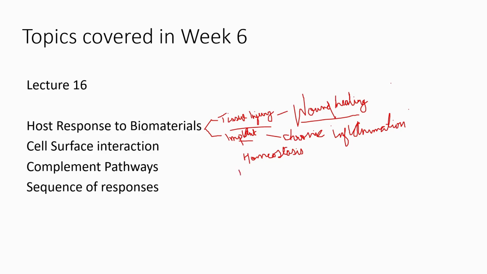First is vascular spasm. During tissue injury, there is damage to the blood vessels, and then the blood vessels constrict and increase the flow of blood to the site of injury.